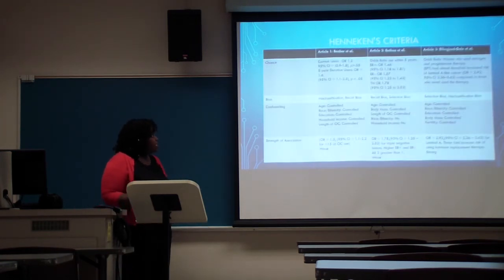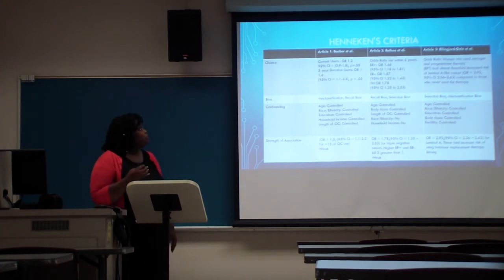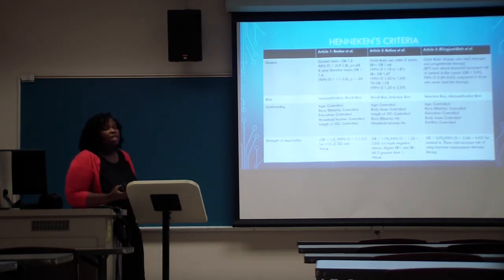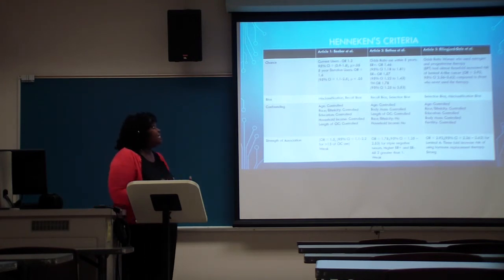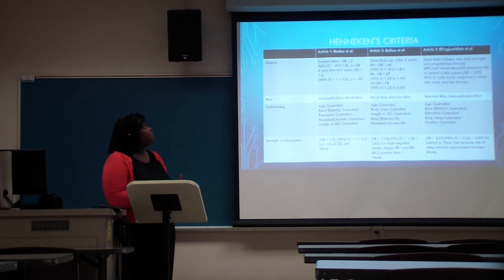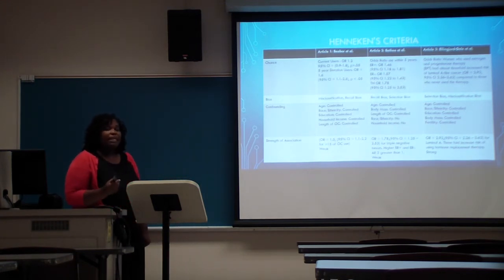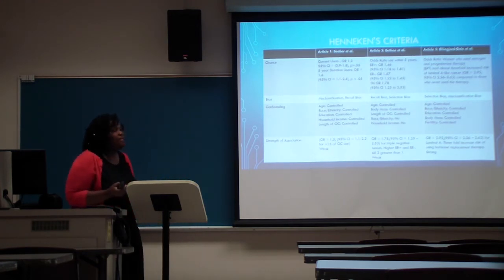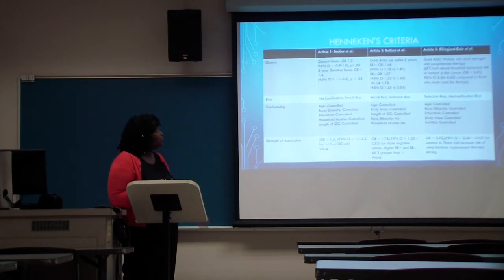The Hennekens criteria. In terms of chance, for Article 1, as I said earlier, for the current users there wasn't any significance in the odds ratio, but you'll notice for the 5-year users, the p-value was actually less than 0.05, so there was a significance in the odds ratio.